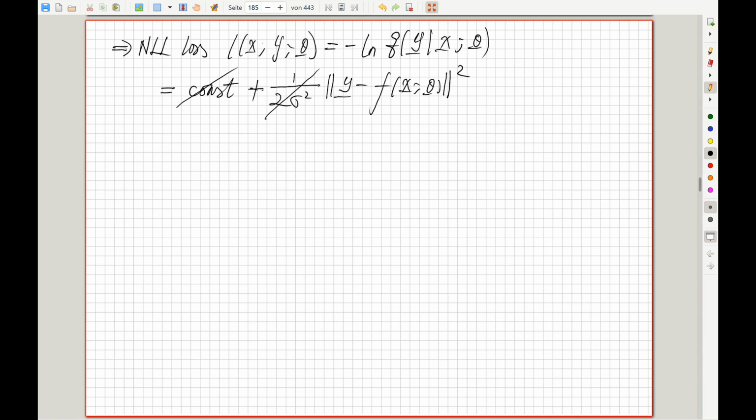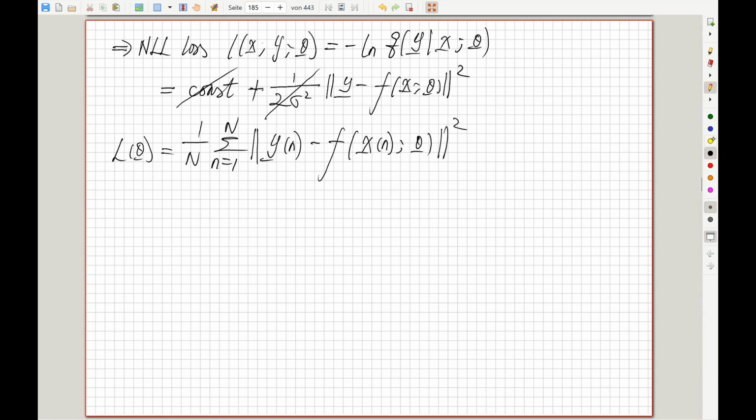This is the loss term for one sample, and the final cost function is, of course, the average of all training samples, namely y of n, the nth training sample, minus the output of the neural network, calculated as a function of the nth input sample and theta, squared Euclidean length.